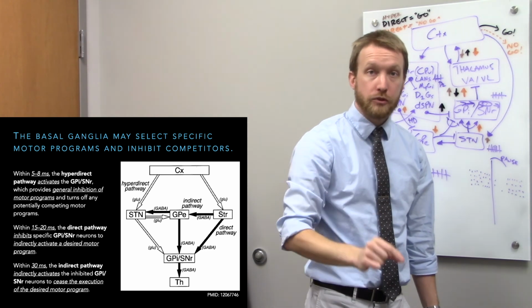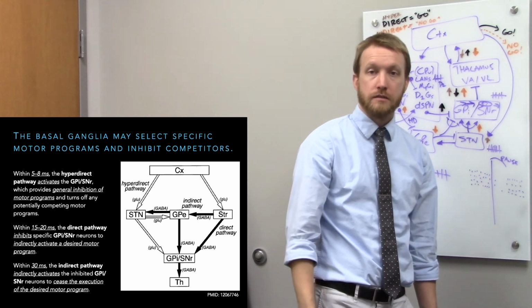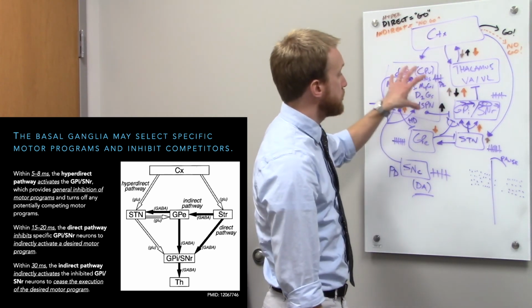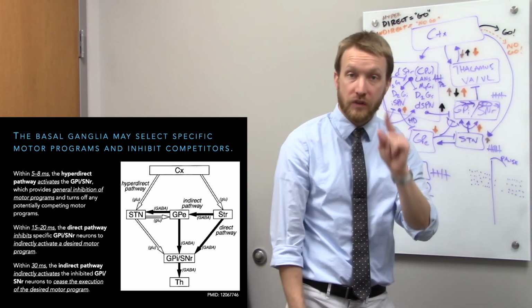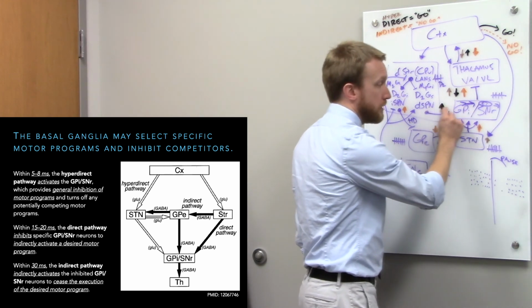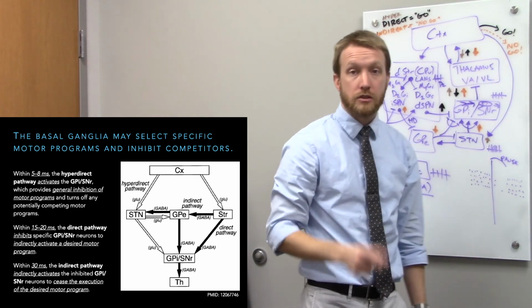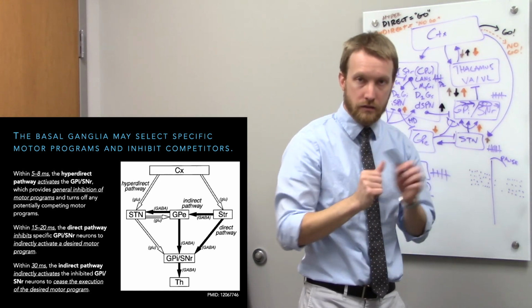Then the direct pathway comes in, 15 to 20 milliseconds at this point. Cortex to striatum, striatum to output, so we inhibit the output, but remember, it's focal. We're going to have selective targeting of output neurons, so we have selective disinhibition of the thalamus. So hyperdirect, shh, direct, do this thing.